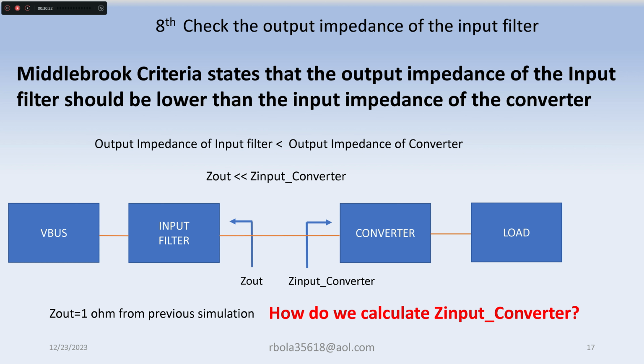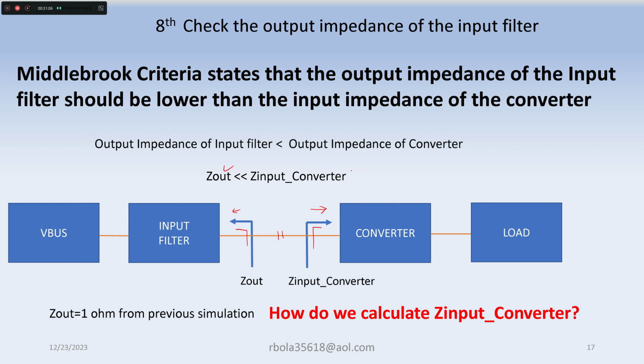Basically, if you were to break the input filter from the converter and then look at the output impedance of the input filter, and then do the same thing and look at the input of the converter, if you can measure or analyze those circuits, the output impedance of your input filter has to be much less than the impedance looking into your converter.